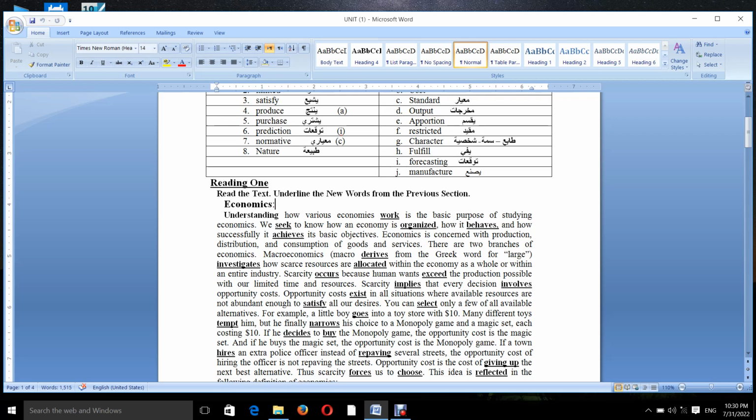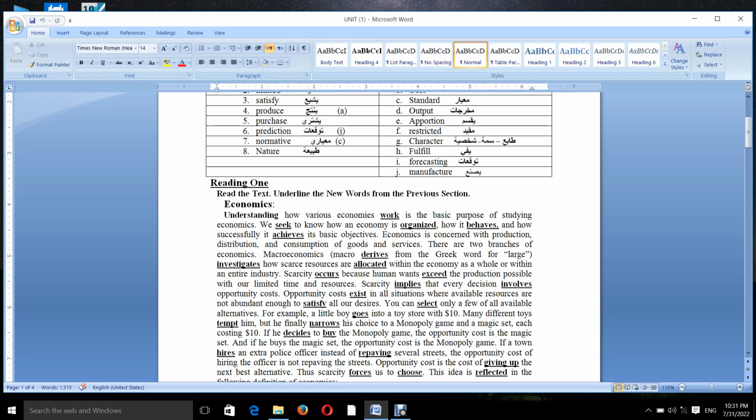Opportunity costs exist in all situations where available resources are not abundant enough to satisfy all our desires. You can select only a few of all available alternatives. For example, a little boy goes into a toy store with $10.